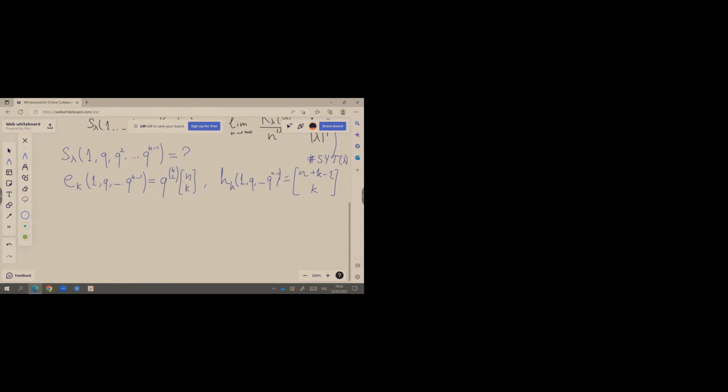Right, so you can say that s lambda of x1, let's say up to xn, is the determinant of xj to the power lambda i plus n minus i, divided by the Vandermonde determinant.